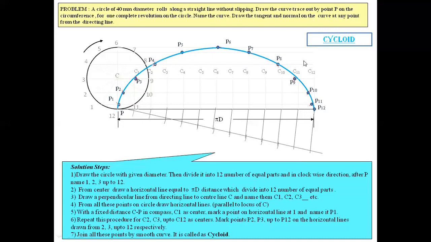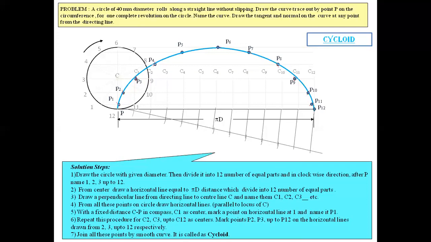But if the problem gives dimensions like a normal and tangent on the curve at 35 mm or 20 mm or 15 mm from the directing line, then we take the given dimension, like 20 mm, on the compass and mark an arc from the directing line on the cycloidal curve. After that, we draw the normal and tangent on that curve.